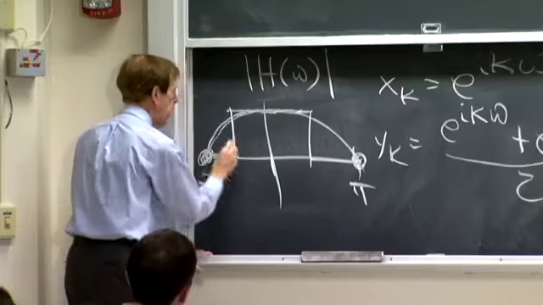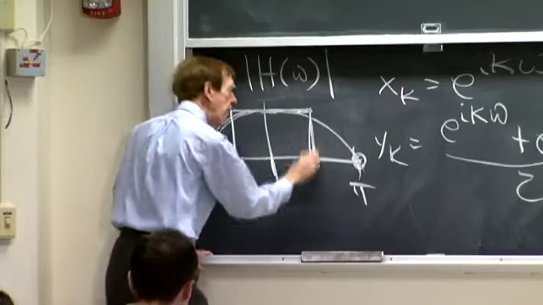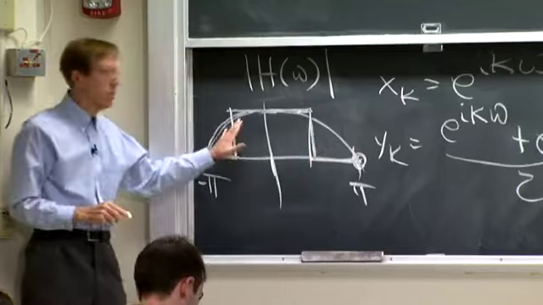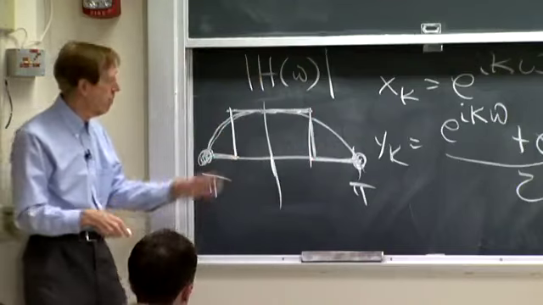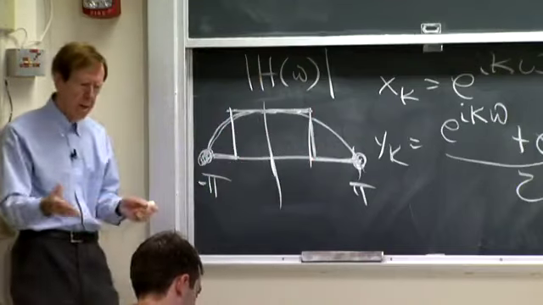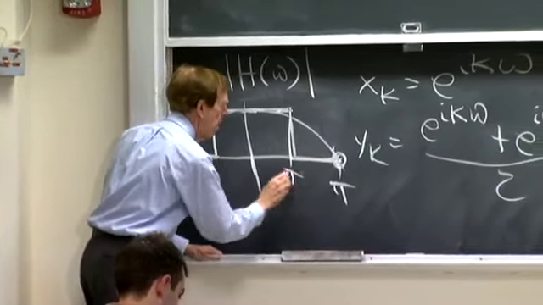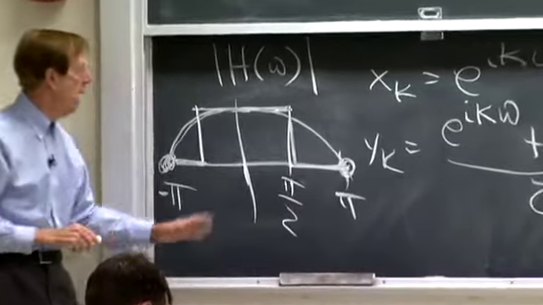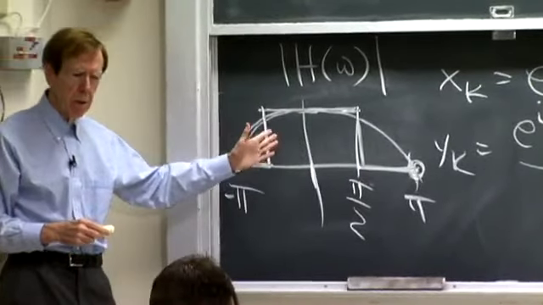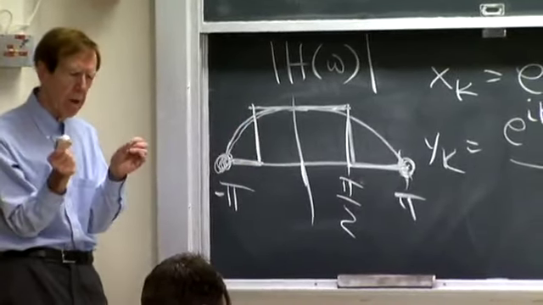There is a really good filter. I mean, people would pay money for that filter. Because what happens when you send a signal through that ideal filter, it completely wipes out the top frequencies, let's say after pi over 2, and completely saves the in-between ones. So that's really a sharp filter.